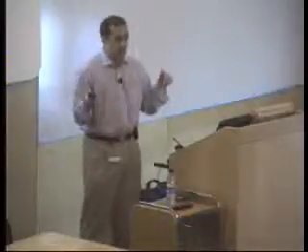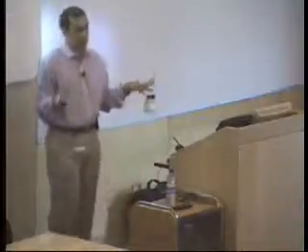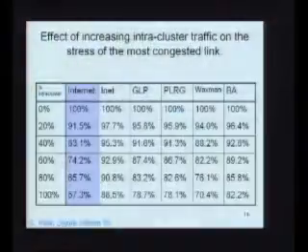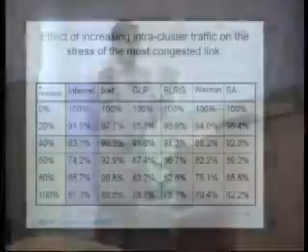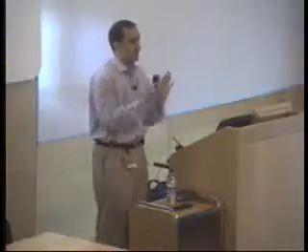Now, let's see what the implication of this pattern of eigenvalues is on the performance of a basic task. We'll do the following experiment. Assume that between each pair of nodes in the topology, we have a unit of demand that we want to route, and we route this demand along an optimal, let's say shortest, path.